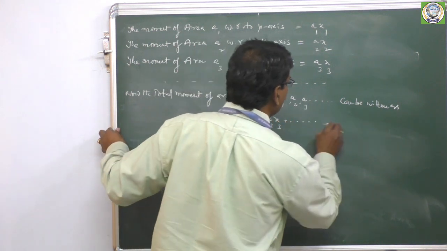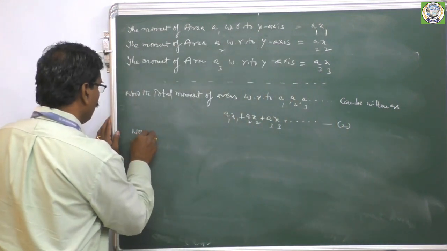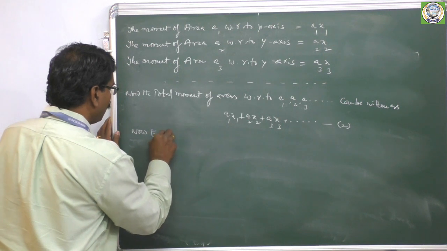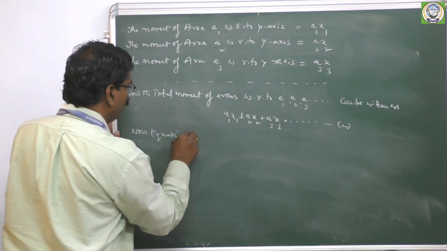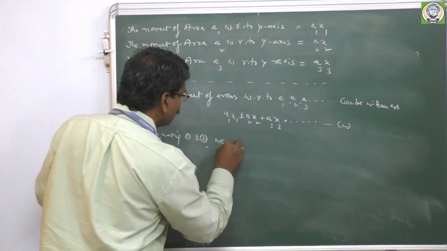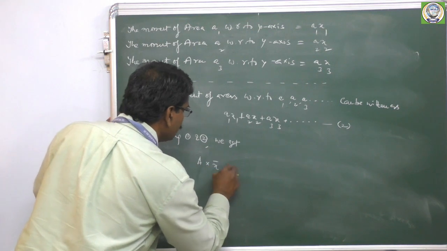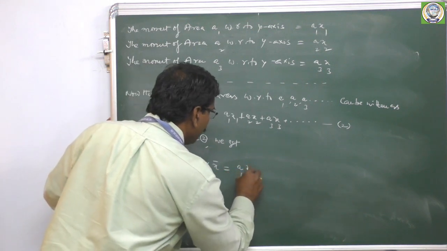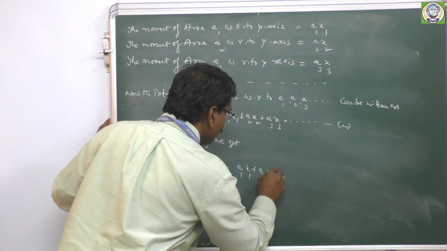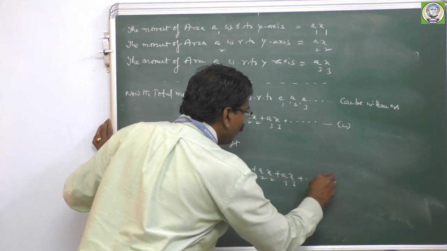I can call it equation 2. Now equating 1 and 2, we get A into x bar is equal to A1 x1 plus A2 x2 plus A3 x3 plus so on.